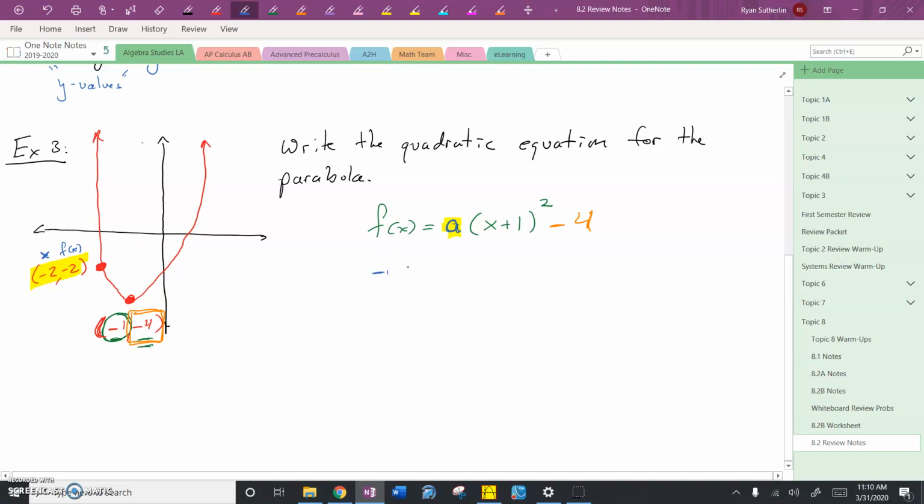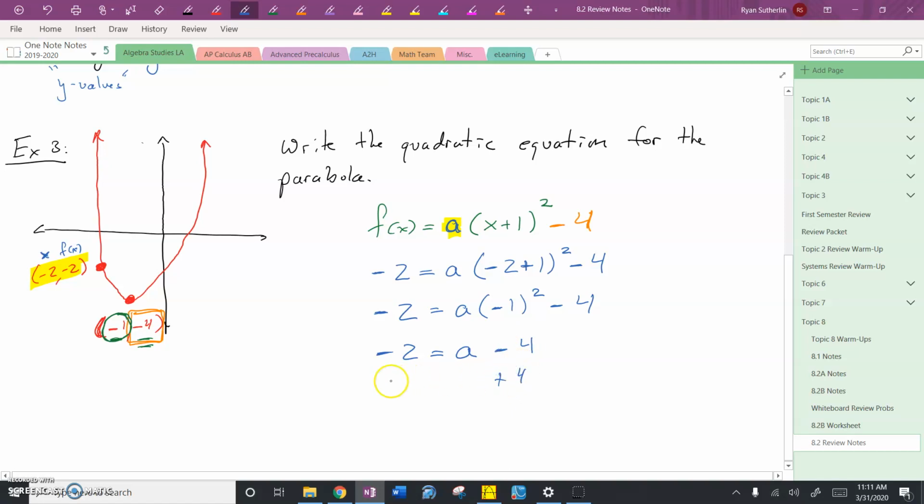I'm going to put -2 in for f of x, and I'm going to put -1 in for x. And then I'm going to do the steps to solve for a. So -2 plus 1 is -1, squared, minus 4. -1 squared is 1, so this is really a minus 4.